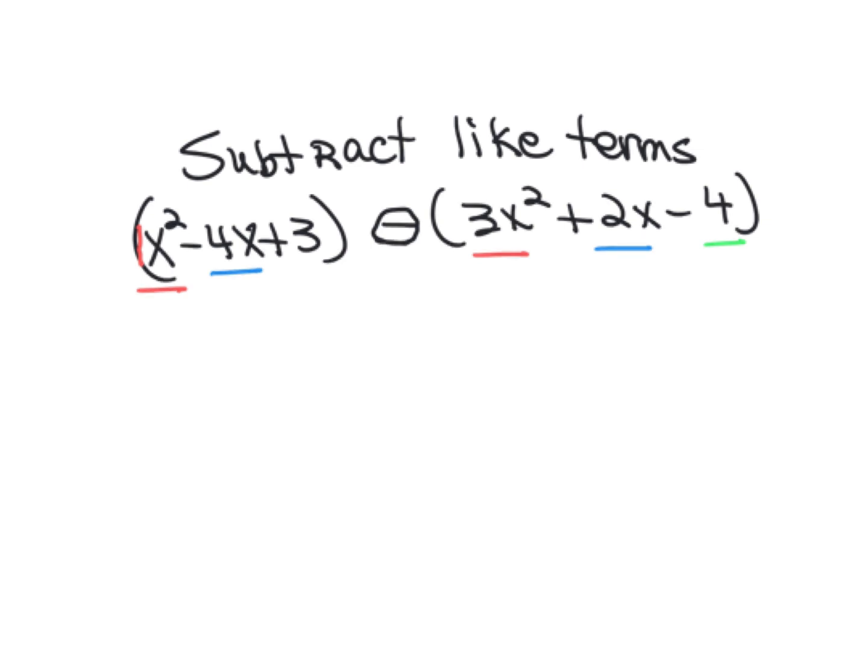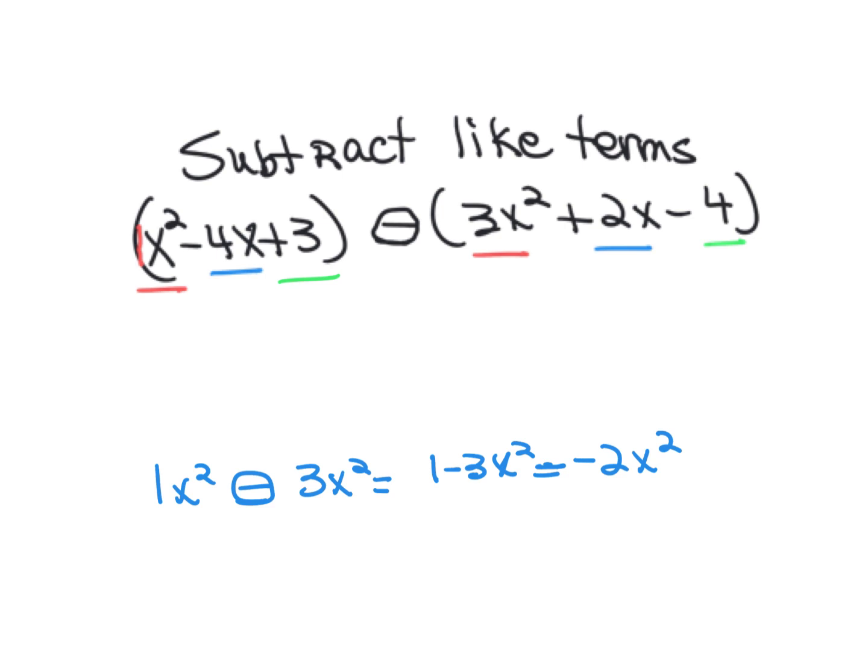So I am just going to combine those terms. I'm going to have 1x squared minus, because this is a subtraction, 3x squared. On Desmos, I'm going to type in 1 minus 3, and I bring down my x squared. So that is negative 2x squared.